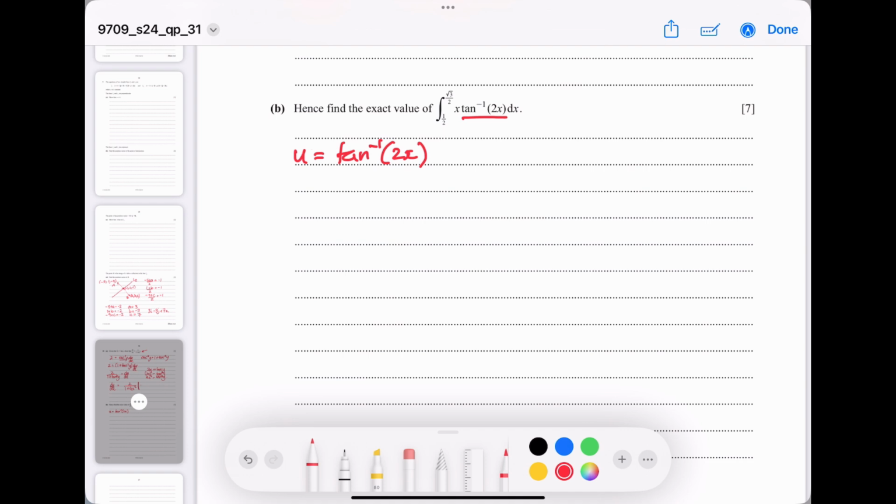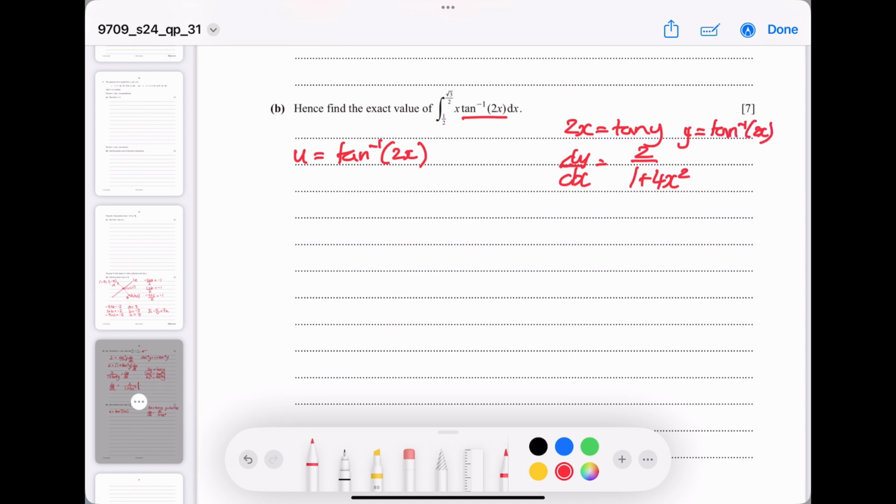That enables us to differentiate. If you remember up above, we were given 2x is equal to tan y, and we showed that dy dx was 2 over 1 plus 4x squared. So rearranging this would be y is equal to tan to the minus 1 of 2x.